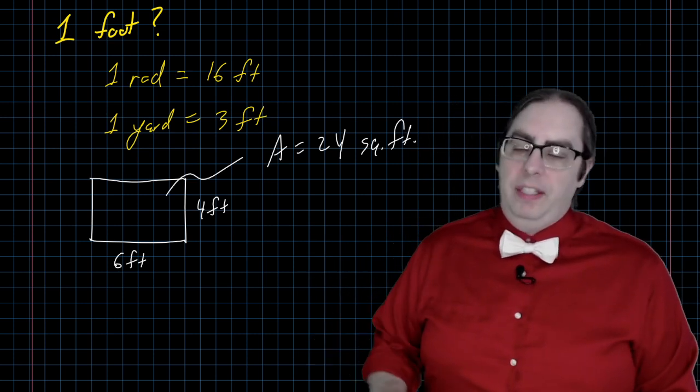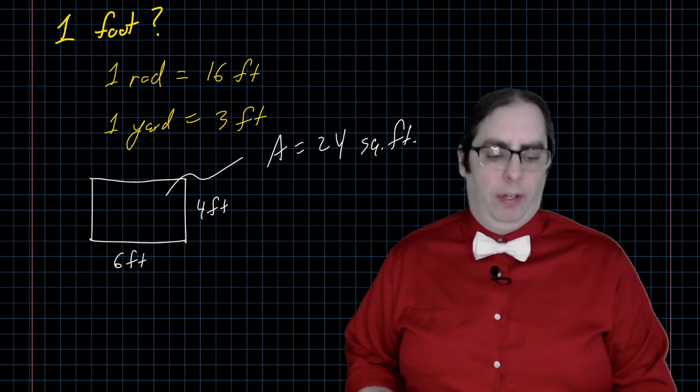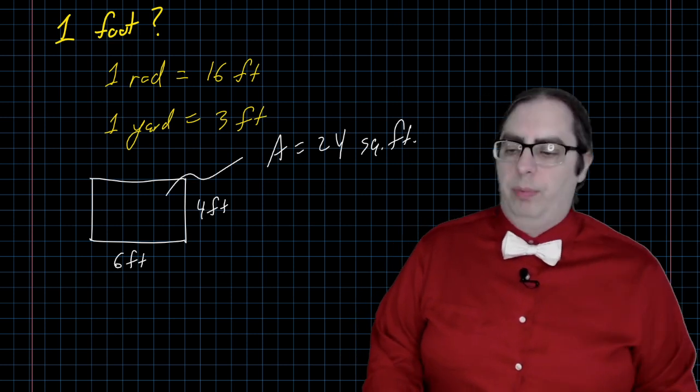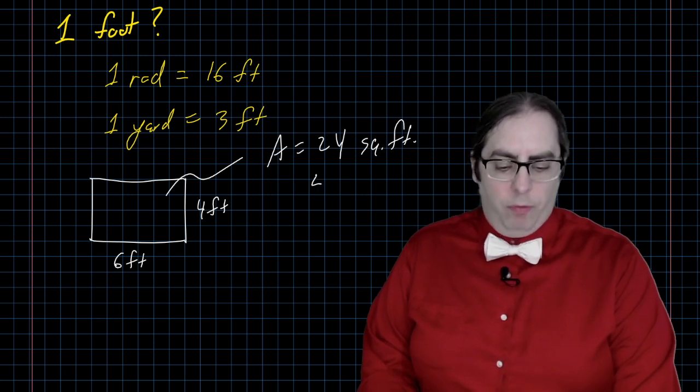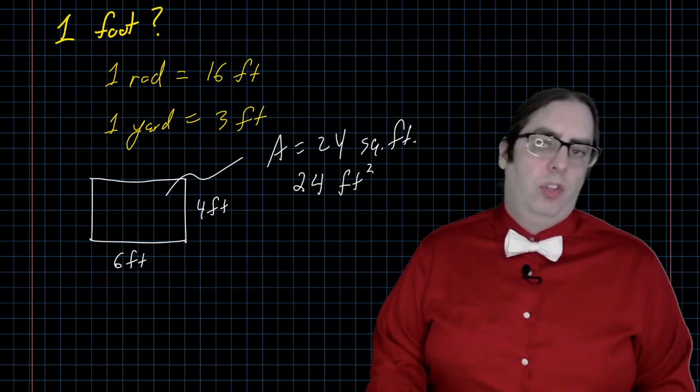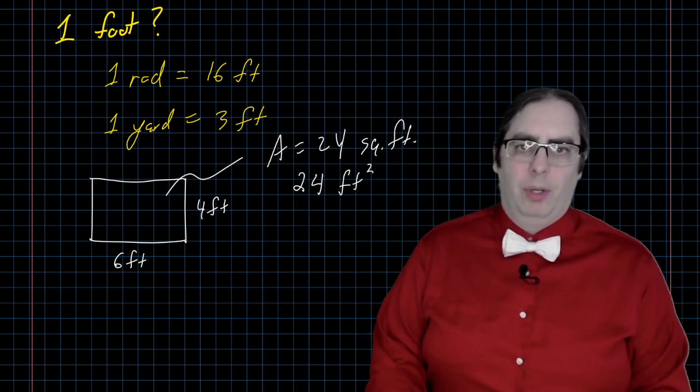And if you multiply feet times feet, you get square feet, which in the US customary system is almost always written as SQFT. For our purposes in this course, we're always going to write it as feet raised to the second power, right? Second power is square.